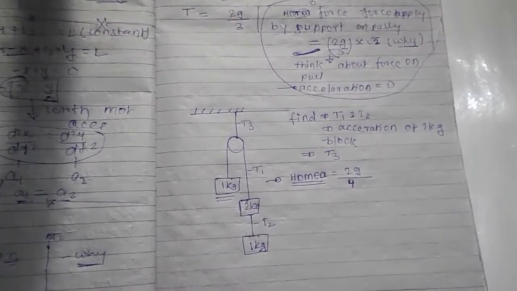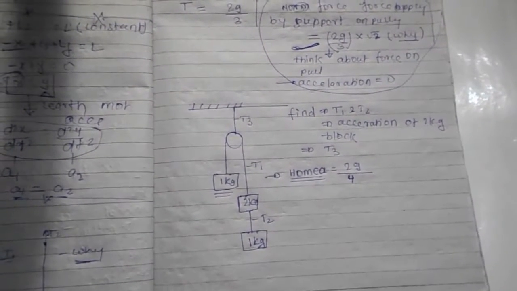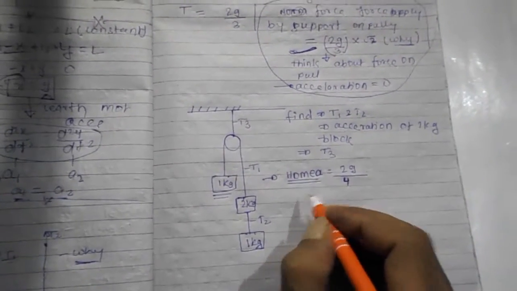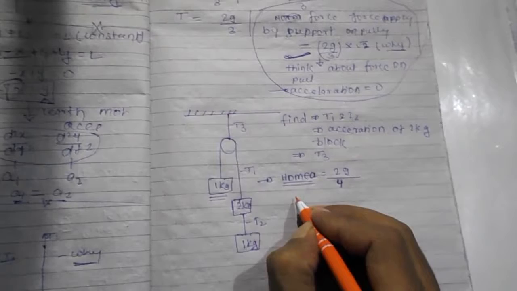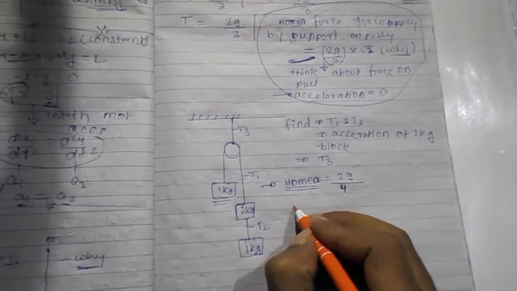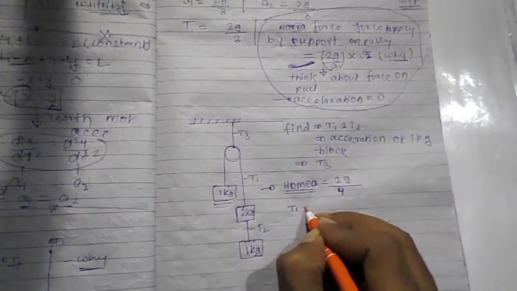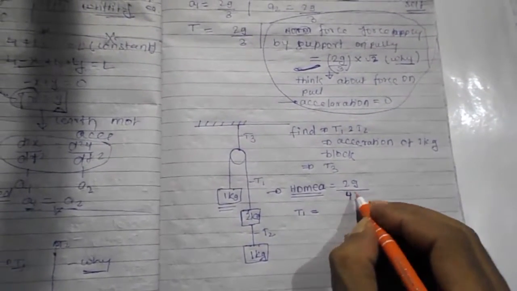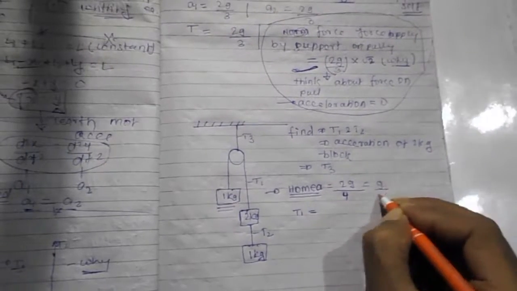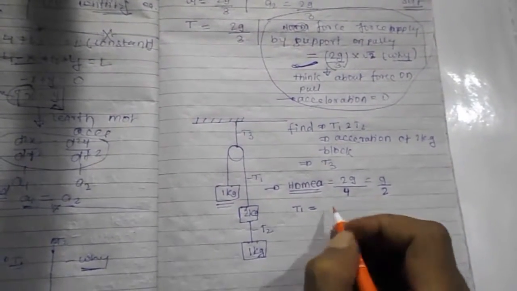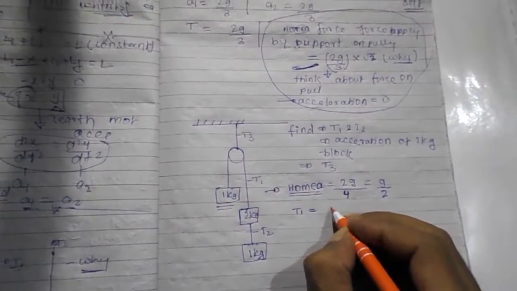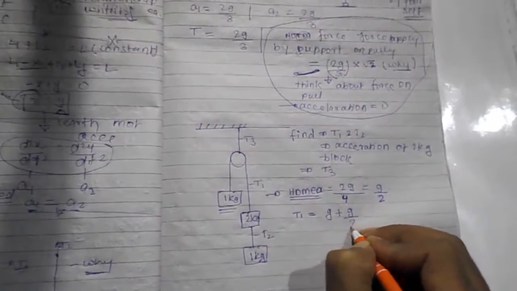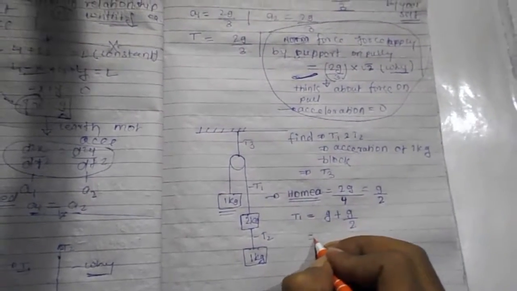Then T1 should be equal to g plus g by 2.